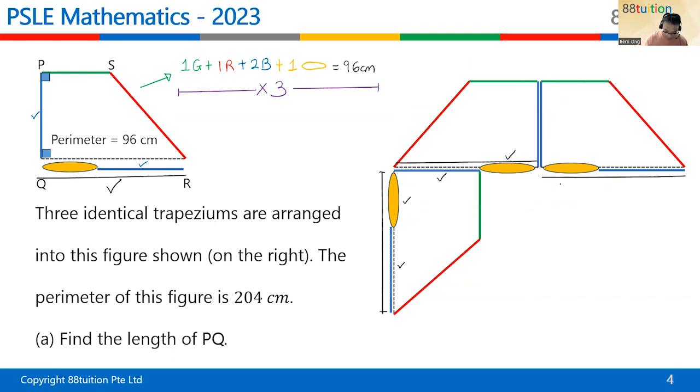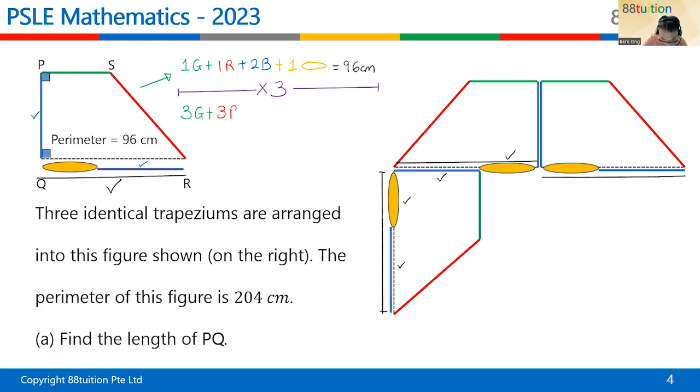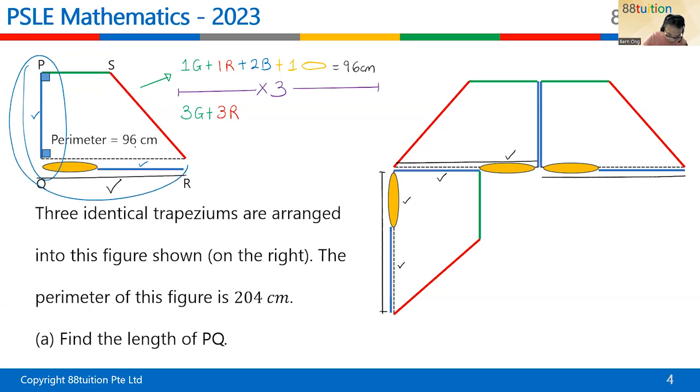So if I have 3 of it, what will happen? That means I will have 3 greens and 3 reds. If there are 2 blues in one trapezium, and I have 3 such trapeziums, then 2 times 3 means 6 blues.